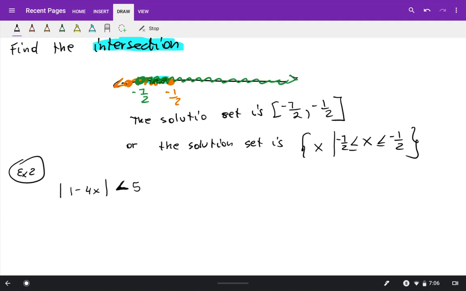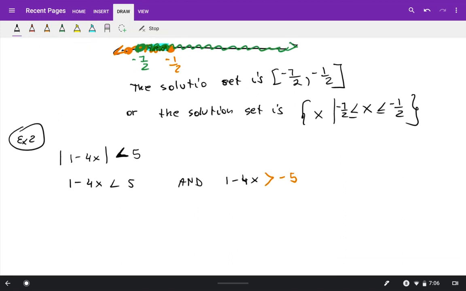So we're going to rewrite as two inequalities. The first inequality is just 1 minus 4x less than 5. Less than, again, means and. The second inequality is 1 minus 4x. We're going to switch the inequality to greater than, and instead of 5, we're going to have negative 5.